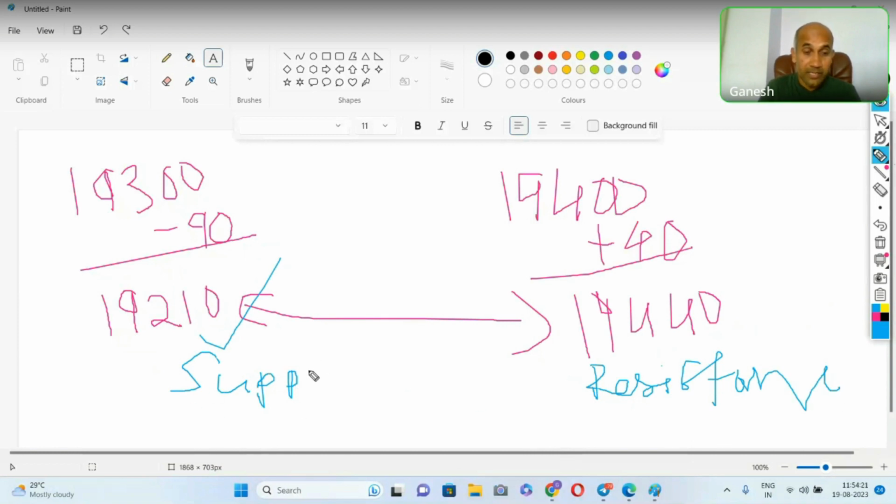So considering the premium altogether, by this expiry the highest participants are thinking that Nifty doesn't go below 19,200 level and doesn't go upside beyond 19,440. So they expect Nifty spot to expire between these levels only.